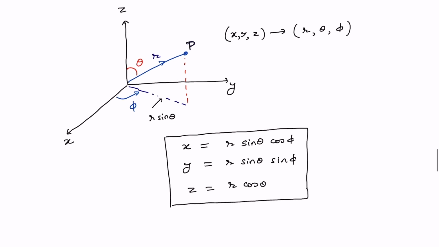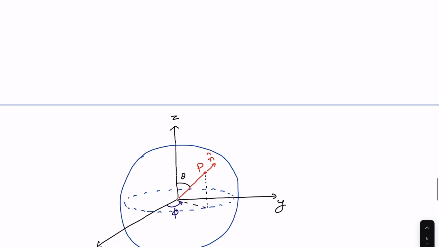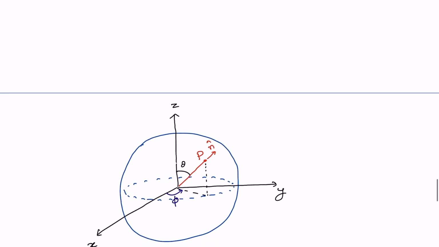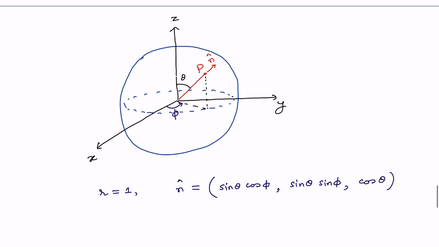Now we can define the unit vector of an arbitrary point P, as I have depicted in this figure, on the surface of a sphere of unit radius.